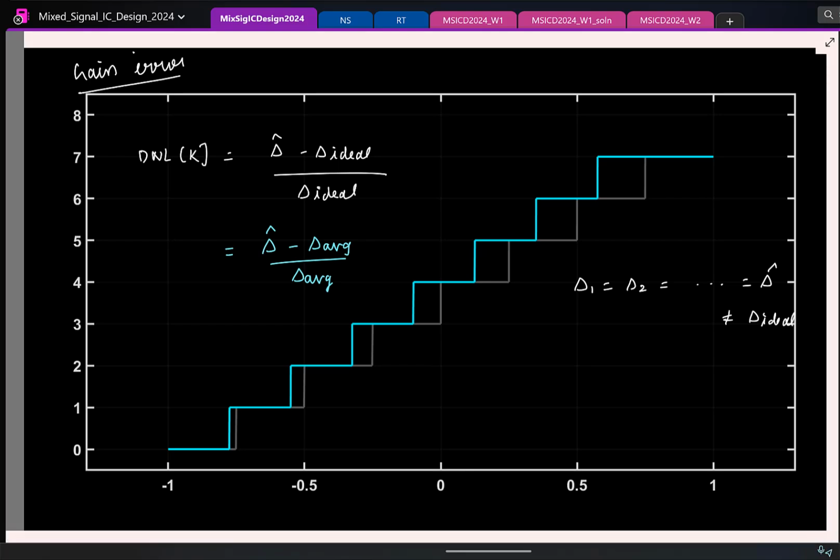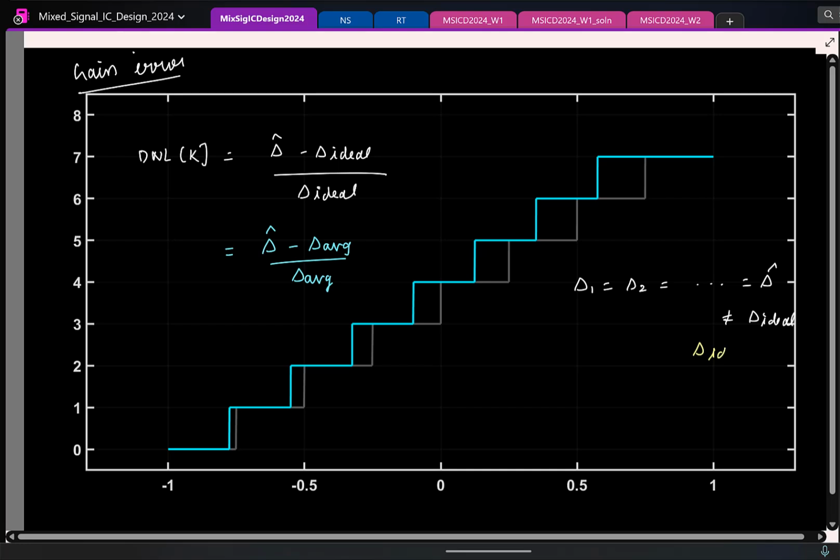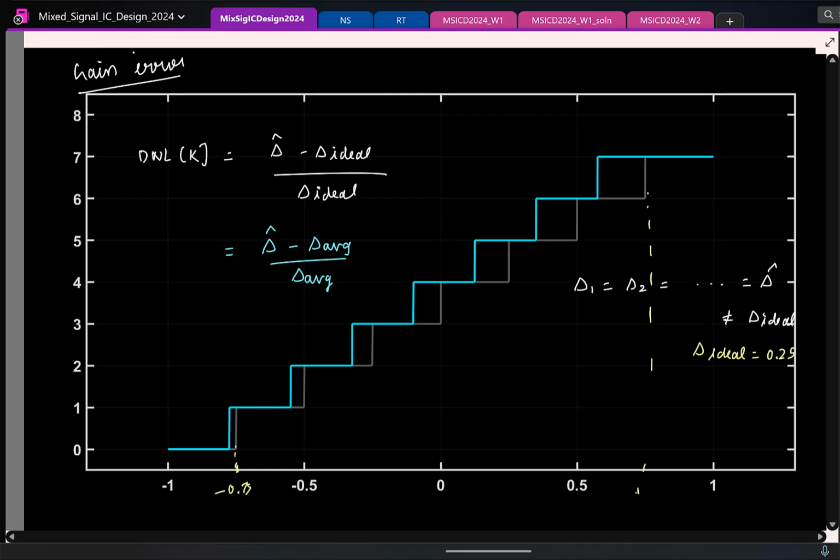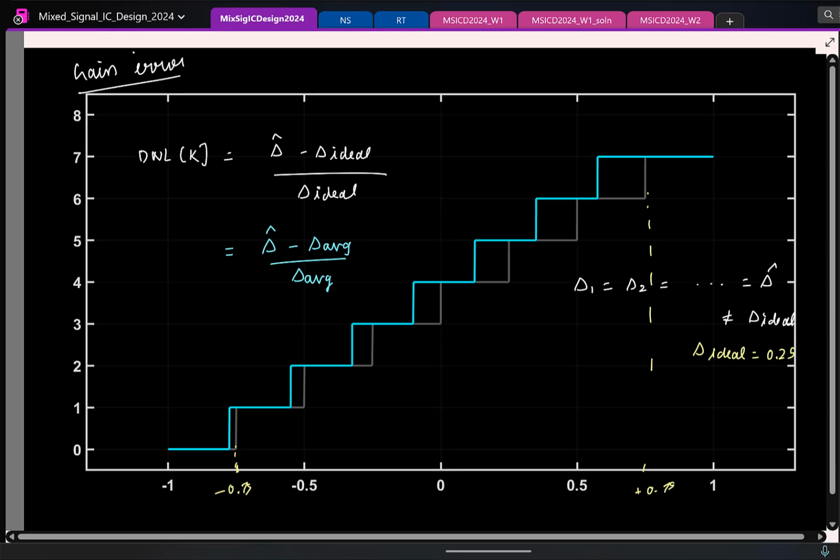So one way to see is, if you look at the ideal characteristic, the delta was how much? 0.25, 2 by 8, 0.25. And the way to see how we can get this is, let's say this is minus 0.75, the last transition is plus 0.75. I'll just take the slope of this.